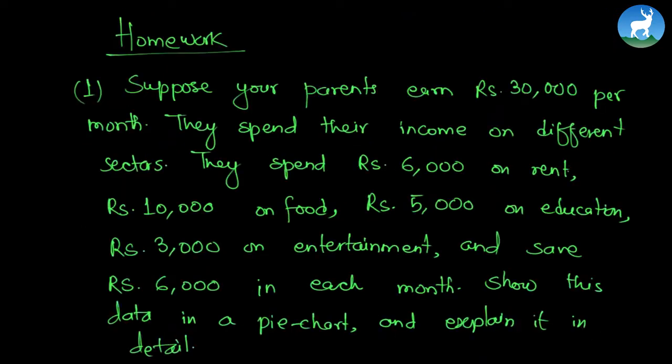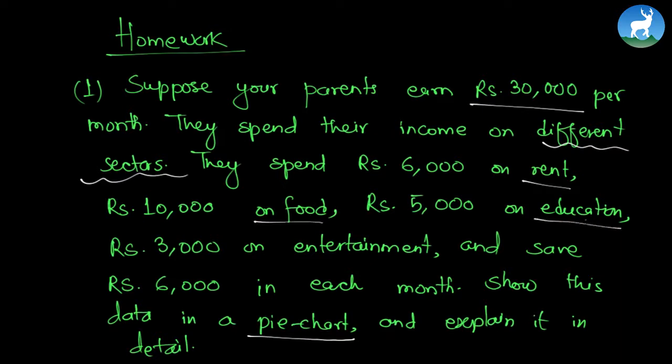With this, we have come to the end of today's class, and I'm going to give you some homework. Your homework is to draw a pie chart based on this given information. Let us suppose that your parents earn rupees 30,000 per month and they spend their income on different sectors. They spend rupees 6,000 on rent, rupees 10,000 on food, 5,000 on education, and 3,000 on entertainment.